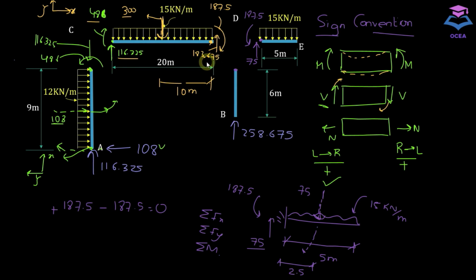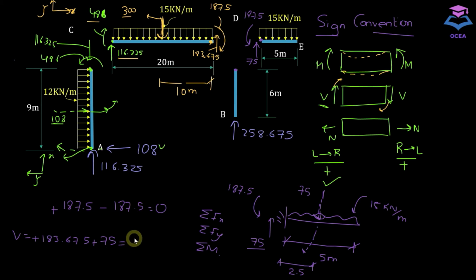Now let's do the same thing for the shear force. To transfer shear force here, we need to algebraically sum the shear force here and here. Since both of them are going upward, this will be positive as well as 75 will be positive.